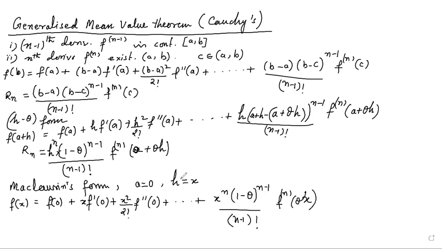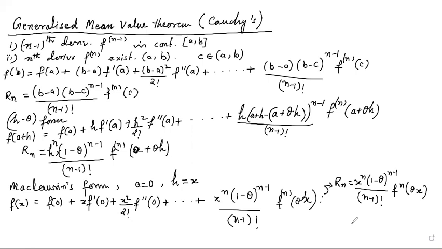So here your Rn becomes x to the power n (1 minus theta)^(n-1) by (n minus 1) factorial into f^(n)(theta x).